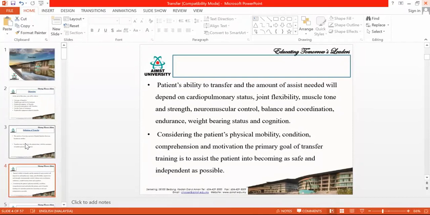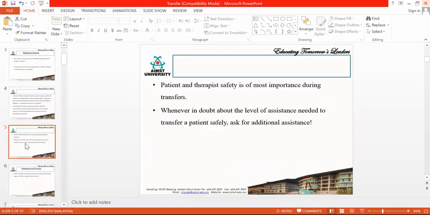Depending on these things, you will decide whether you can transfer the person alone, or the person can transfer by himself with the help of some assistance, or you need a few people's assistance to transfer the person. So the level of dependency, or the level of transfer, will depend on all these abilities of the patient.